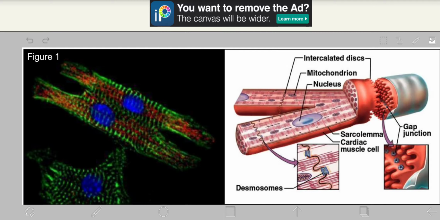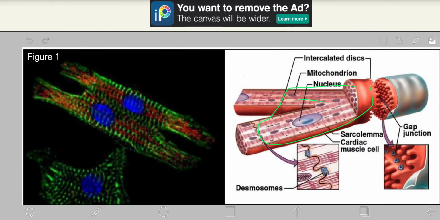So let's look at the cardiomyocytes. I'm actually going to make another video where I talk in a lot of detail about what's inside of this cell. But all you've got to know for now is that these cells are branched. So you can see this cell right here.